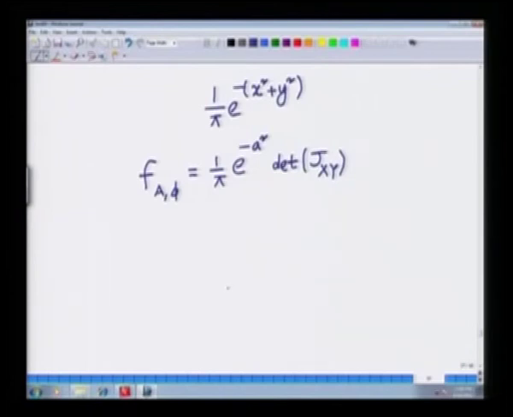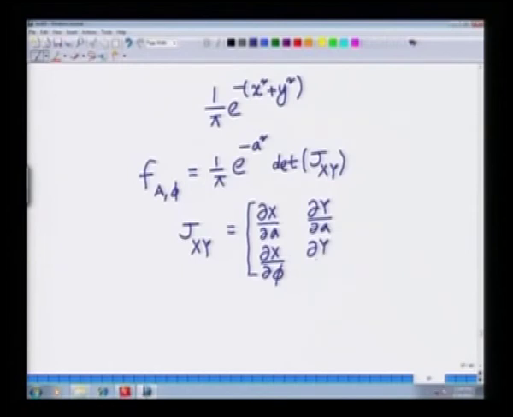Let me define what the Jacobian matrix is. The Jacobian of x y is essentially the partial derivative of x with respect to a, the partial derivative of y with respect to a, the partial derivative of x with respect to phi, and the partial derivative of y with respect to phi.